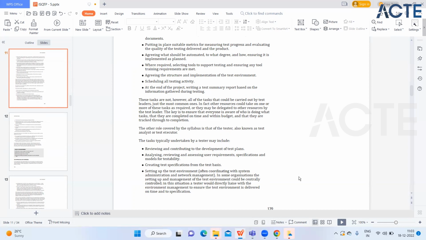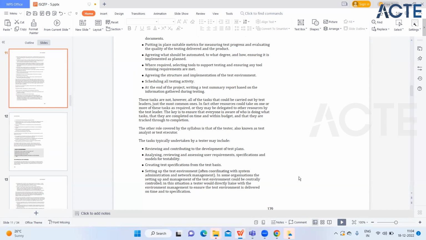Now, whatever the test lead has prepared, we have to check whether that test plan is correct or not. We also have to provide our suggestions as testers, so that everything is correct.